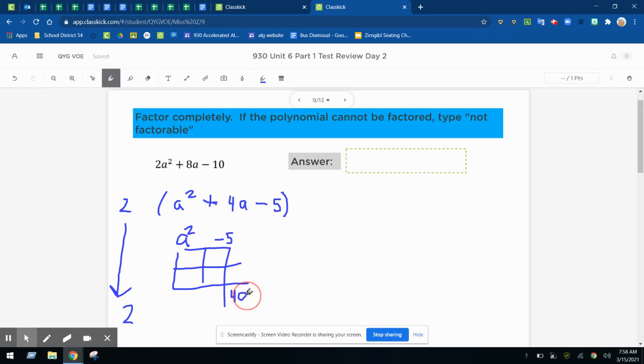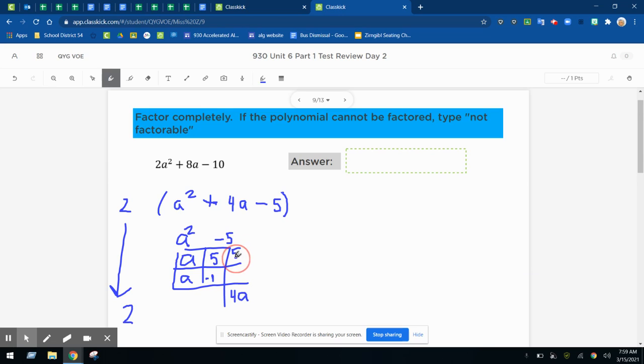So a squared, we have a times a. And negative 5, again, is something that only has two factors, right? One in itself. So we're going to have 5 and 1. The tricky thing here is, where do I want the negative to be? So I want it to add to a positive 4. So I'm going to make it a positive 5 and a negative 1.